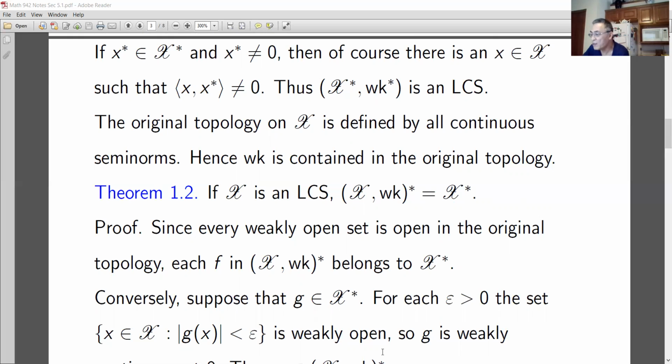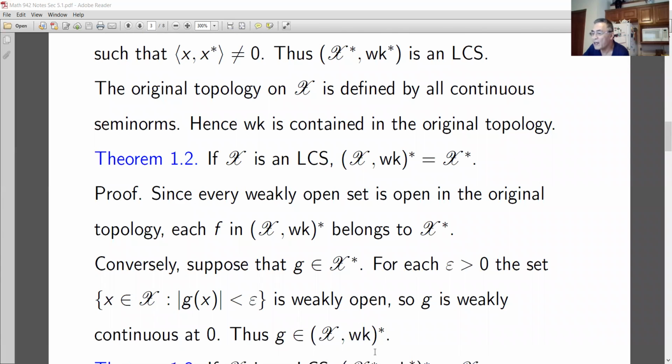So G is weakly continuous at 0, just by the condition of continuity.